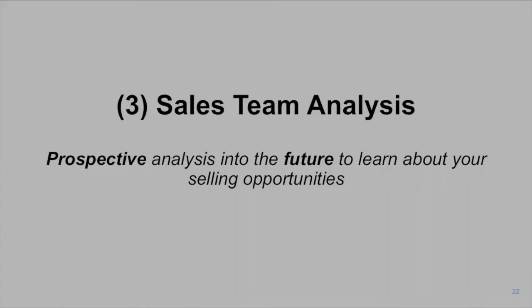And if we go to the next slide, the third stage that we'll look at here is sales team analysis, which is focusing on understanding the reps on the team, who's performing well, who's not performing well, who's going to attain their quota for the year. So this is a way to monitor and track the team at the individual level.